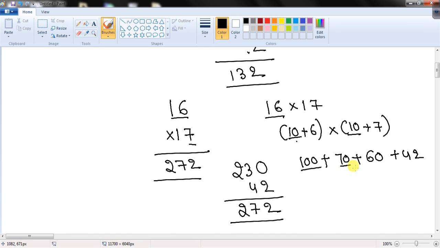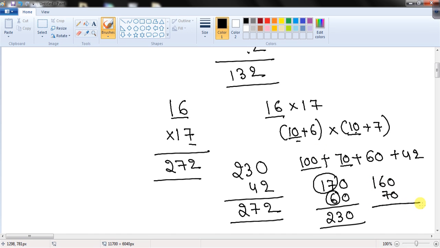So 100 plus 70 is 170, 170 plus 60 is 230. Since I am multiplying with tens, you get the same number, that is 17 plus 6, or 16 plus 7, which is 23, so 230. Then I just need to multiply 6 into 7, which is 42. So 230 plus 42 is 272.